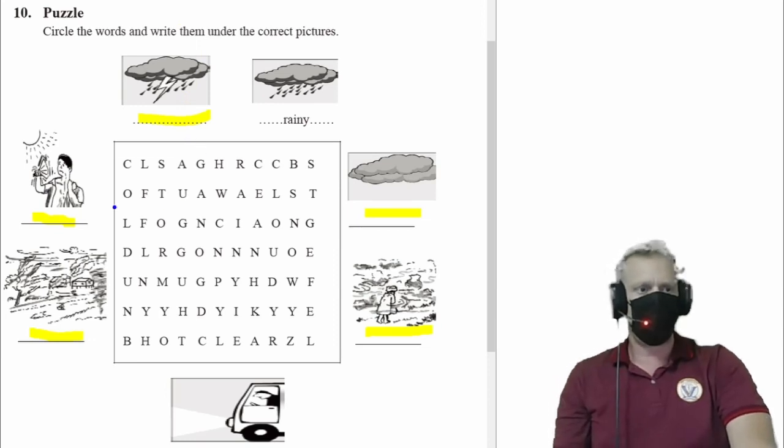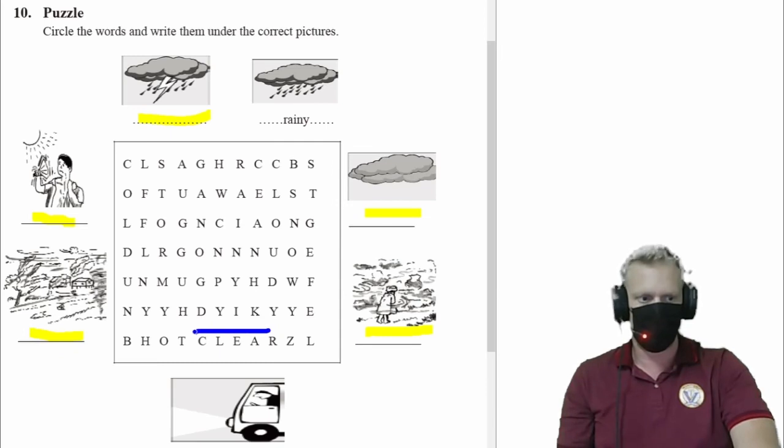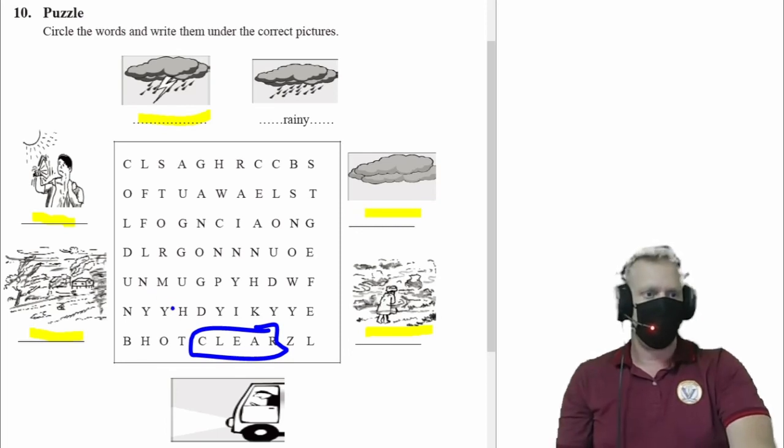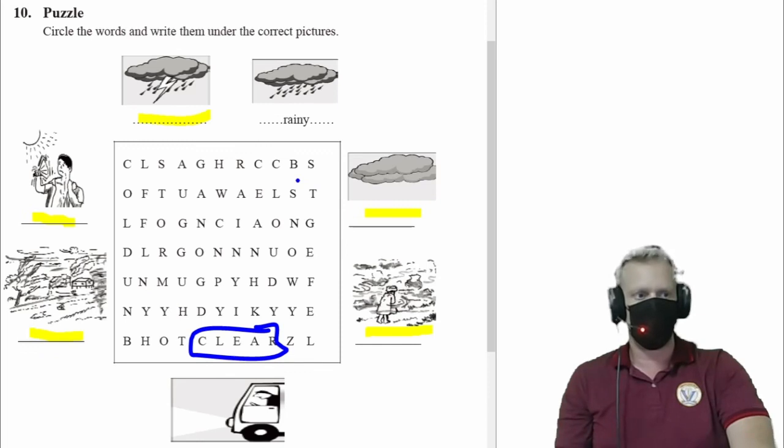So please look at this box and write the words and circle them. For example, here's one that says clear. Circle them like that. I already found another one, snowy. Just circle these words like so.